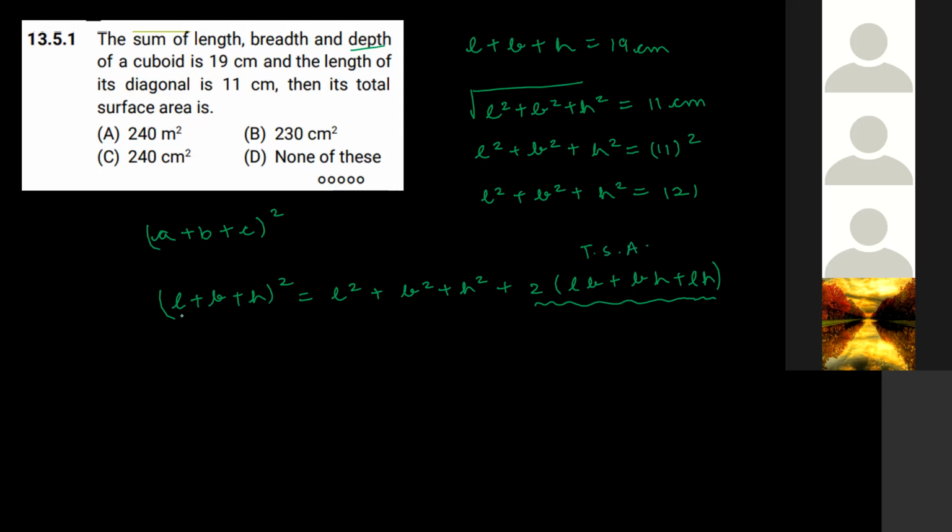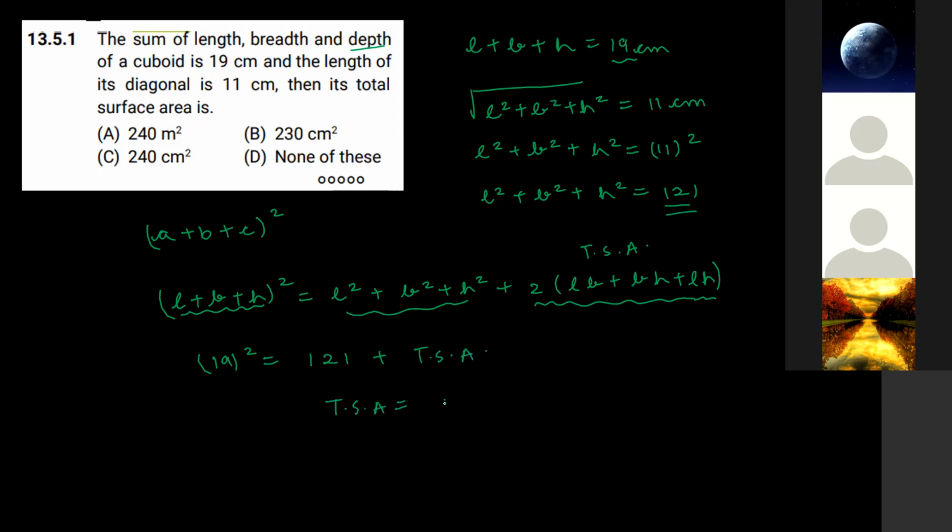So we have L plus B plus H, which is 19. So 19 the whole square is equal to L square plus B square plus H square, which is 121, plus 2 times LB plus BH plus LH, which is of course the TSA. So TSA is equal to 19 whole square minus 121.